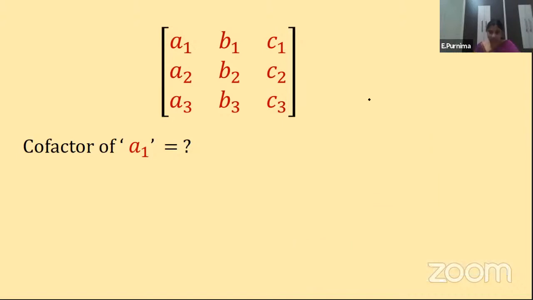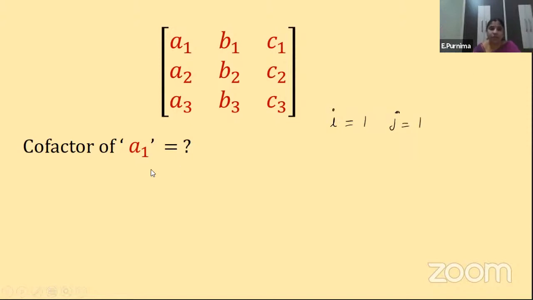What is the i value and j value here? Because a1 is present in the first row, first column, we write the i value as 1, and the j value is also equal to 1. Understood?